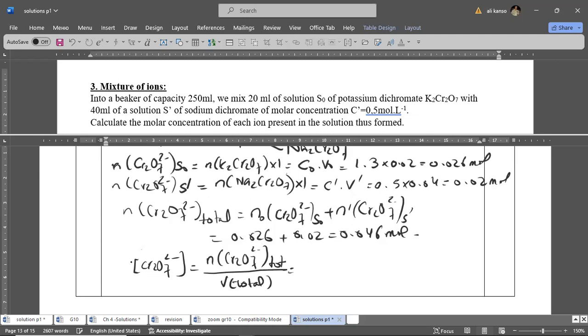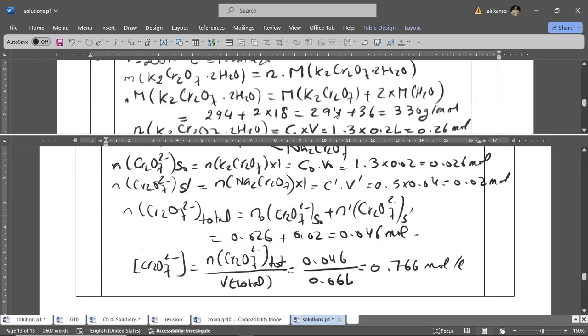What do we get? 0.046 over the volume total, which is 0.060 liter. We can divide 0.046 divided by 0.06. Final answer, 0.76766 mole per liter.